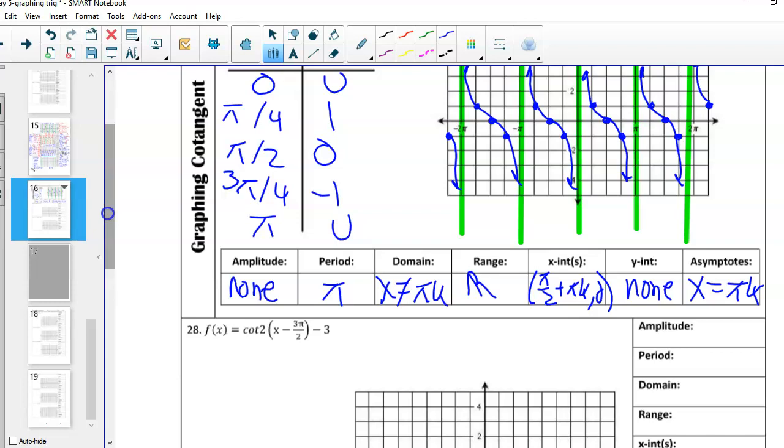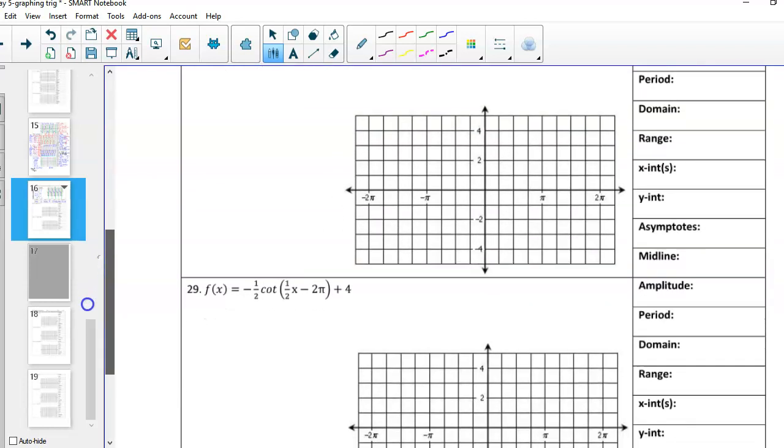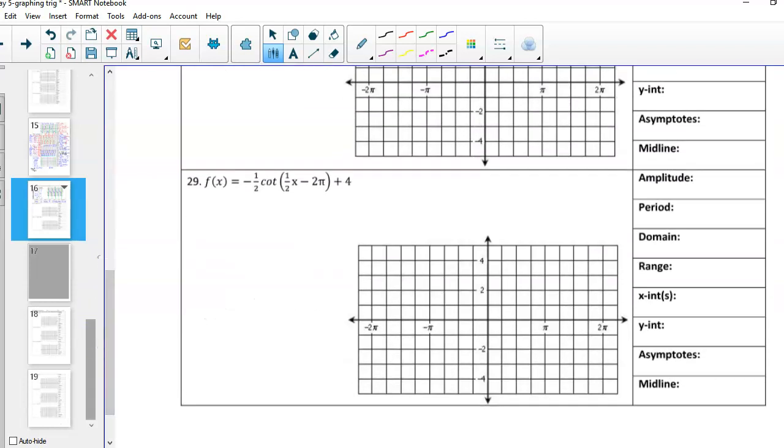Alright, so we're going to do one of these examples together, and I'm going to let you do the other one. Let's do 29. So notice that this has a number before x. So we need to factor that number out. Remember, when you're factoring that number out, you're really dividing. So what is our new number on the inside?